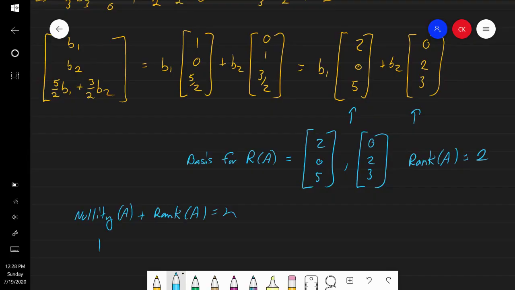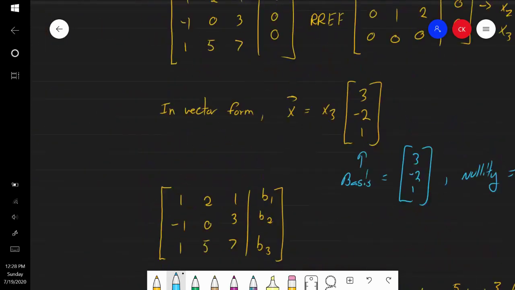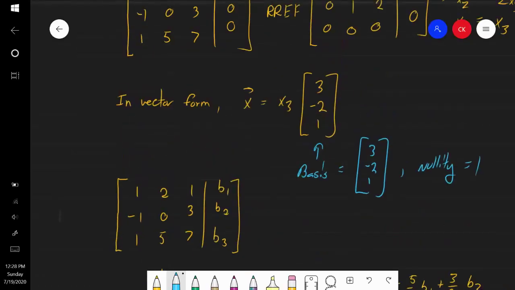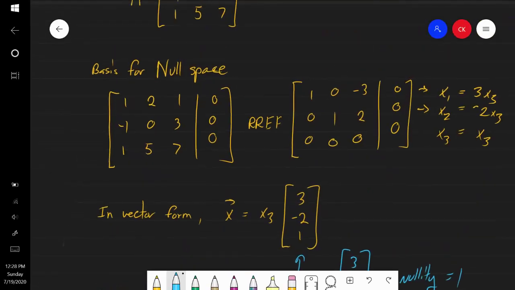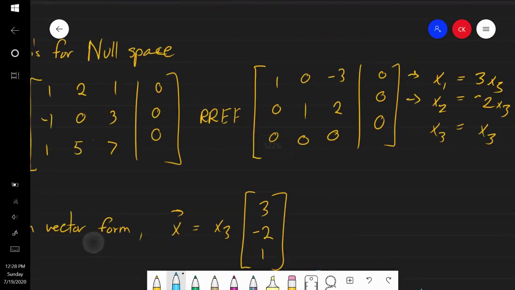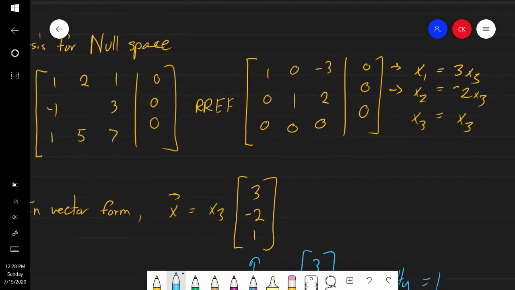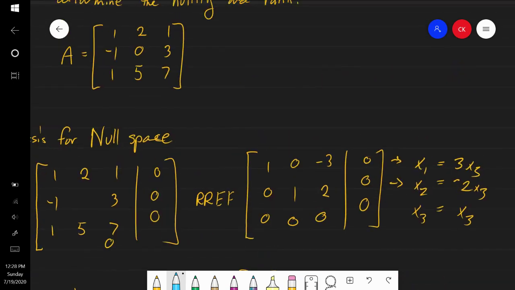In this case, nullity was 1, the rank was equal to 2, and that's 3, which does verify we were working with a 3 by 3 matrix, so n is 3. So here's our original matrix here.